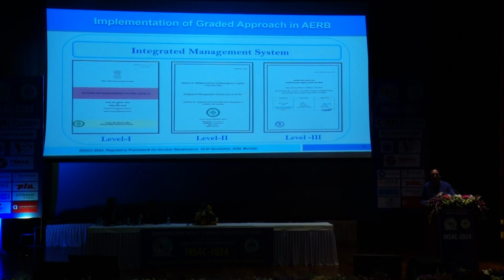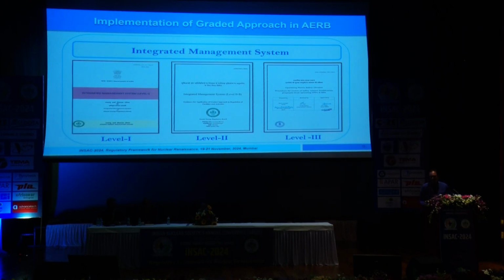Then, for each regulatory process, starting from development of regulations to the licensing process, safety review and assessment, inspections, and then enforcement, it identifies control elements as well as their influencing factors. We have not limited it to the processes; we have gone even up to the sub-processes as well as their outcomes. So this is the level 2 document.